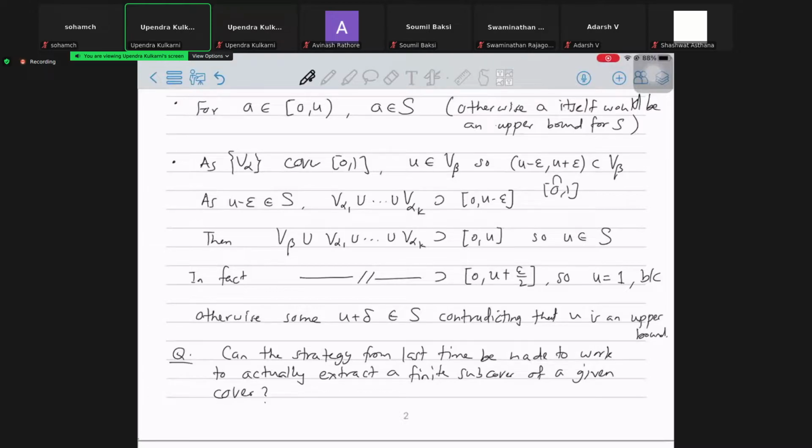So what might you try to do when you're choosing this V alpha? You may have a choice. When I'm taking the open set containing 0 and I want to cover some distance, maybe I should take not an arbitrary open set, but try to get the maximum mileage.